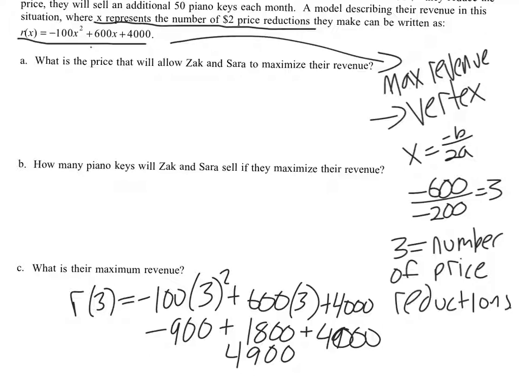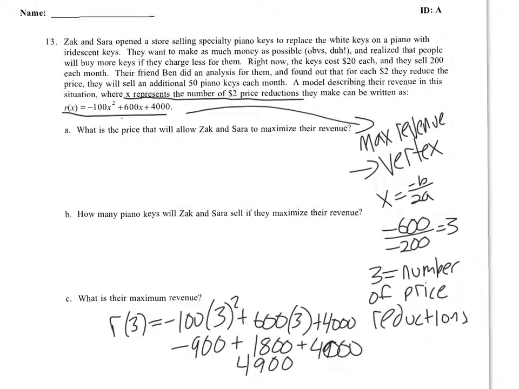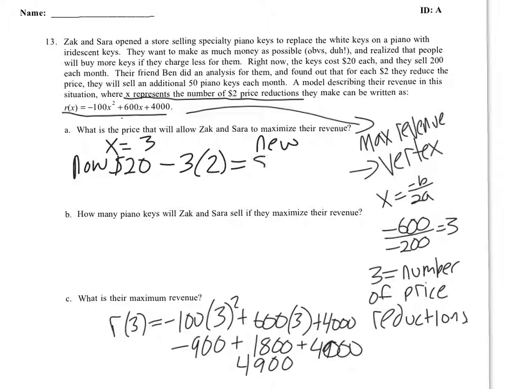Okay, now I've got to use the information in the problem to help figure out what price I'm charging and how many piano keys I'm going to sell. Well, I know that x equals 3. And if the keys cost $20 each, minus 3 price reductions of $2 each, my new price is going to be $14. And how many piano keys will they sell?